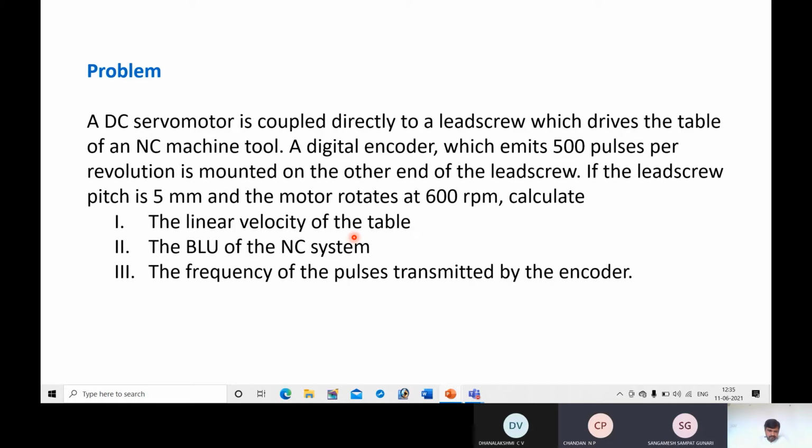Sir, the basic length unit is 0.01 mm. Linear velocity will be 3 meters per minute. Okay.